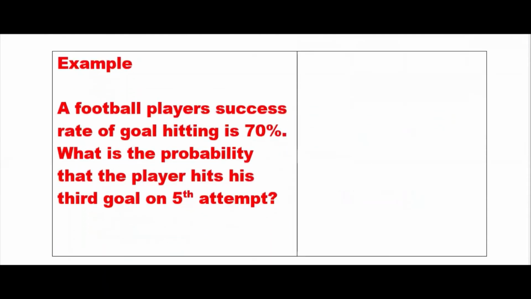Now we have a problem. A football player, the rate of goal hitting is 70%. What is the probability that the player hits his third goal on the fifth attempt? Think on it.